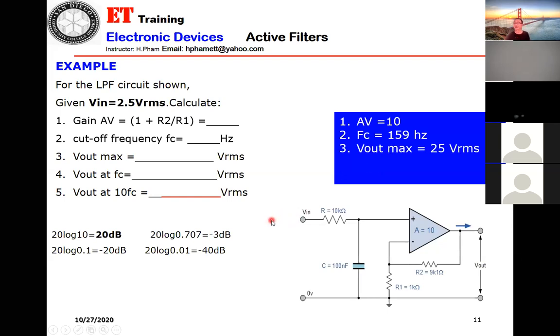VL max is 25 volt RMS. Now you tell me what the VL is at the cutoff frequency. 17.675 volts. 16.66. That means 25 times 0.707.